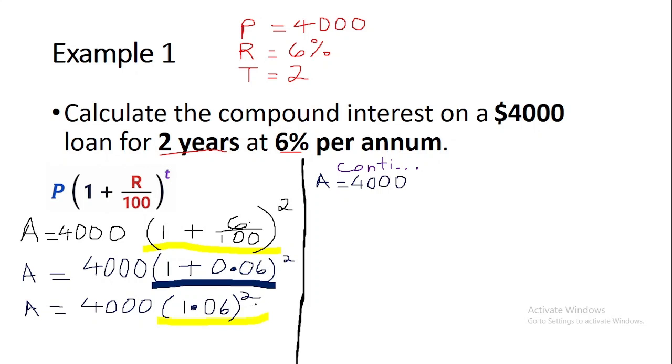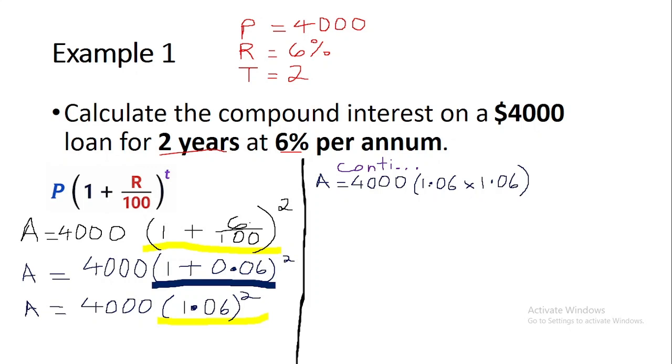So 1.06 squared is just 1.06 times 1.06. I'm actually writing it out so students know what it means, because I want to ensure that everyone, no matter what stage they're on, knows how to work that formula.